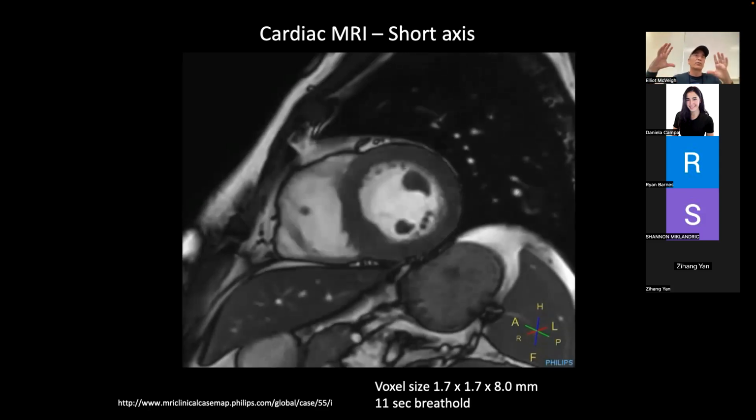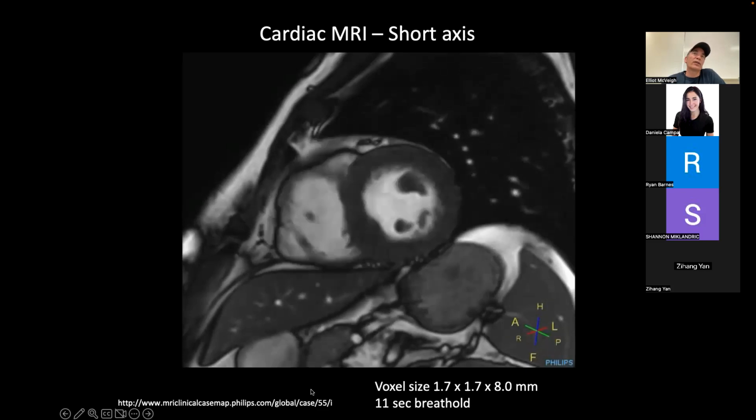And if the breath holds are different, the heart shifts around as you move. So it makes 3D stuff a little arduous. And if you ask somebody to hold their breath for 11 seconds, when can you ask them to do that again? Usually you give them 20 seconds, or something like that. So you get data every 30 seconds, something like that.